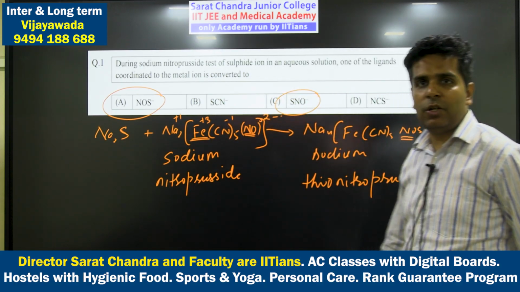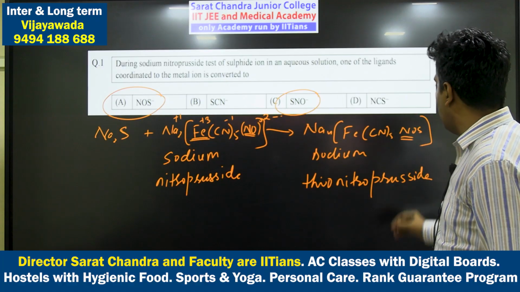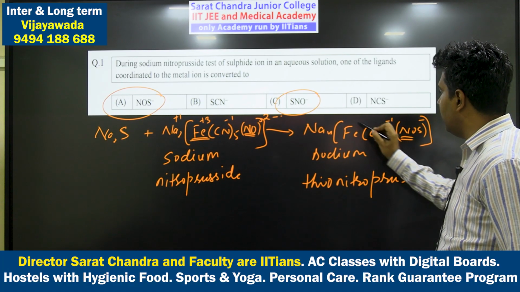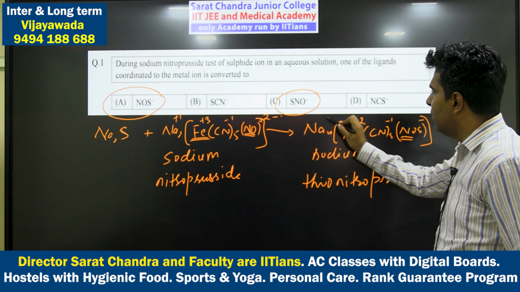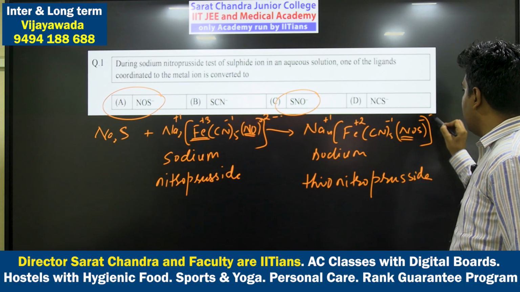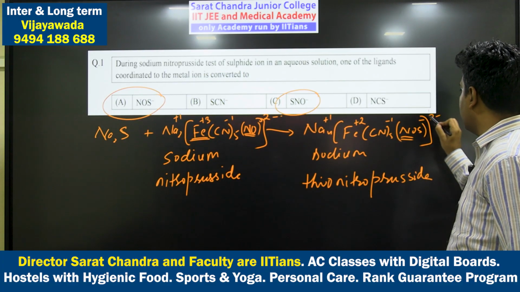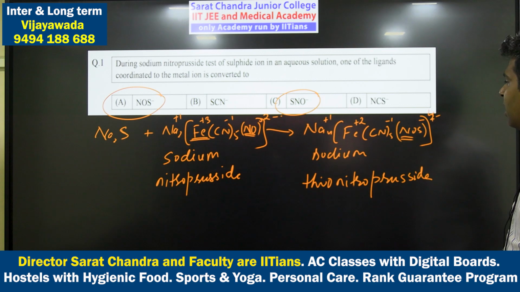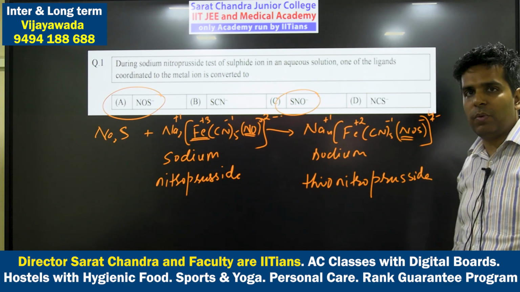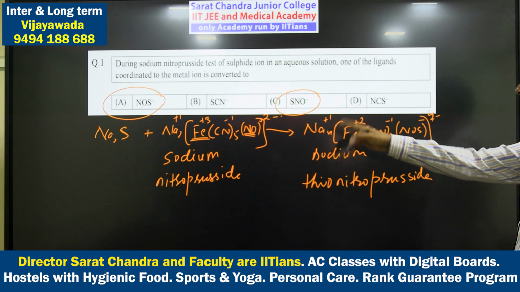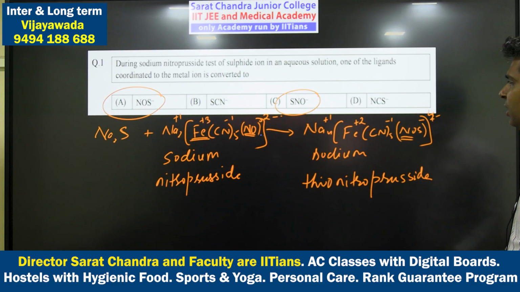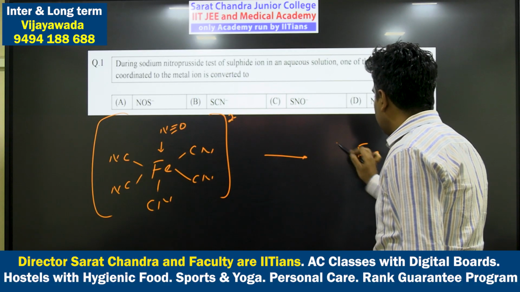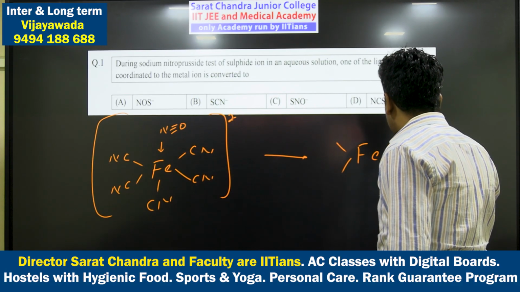In the complex with NOS minus, cyanide is also -1, so the overall charge is -4: [Fe(CN)5NOS], charge -4. Iron is in the +2 oxidation state here. So when this is converting into this, what is the change in the complex?